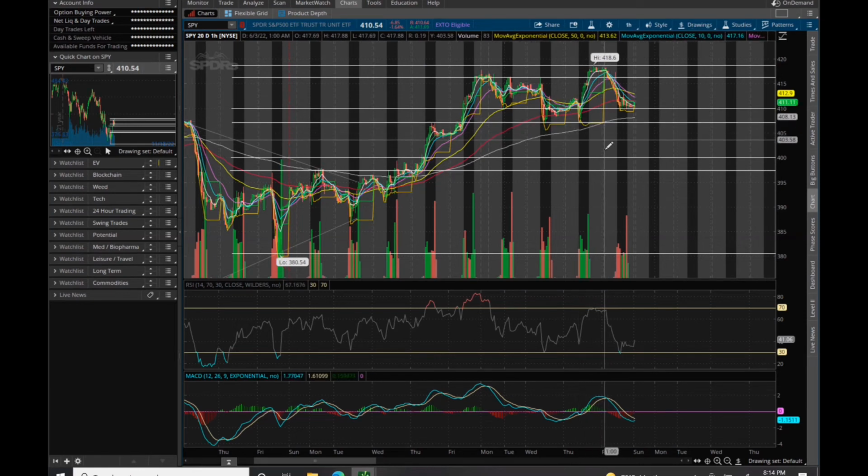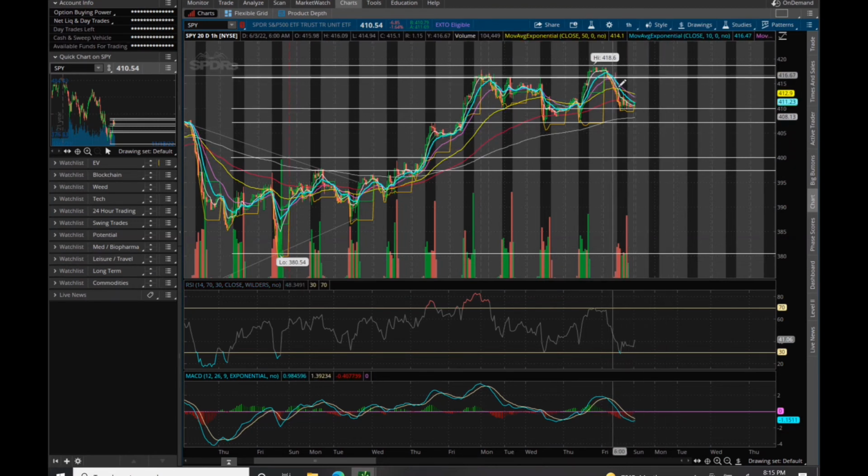Something to note that I should have mentioned earlier is that if we look at this level here at 407 where we created this double bottom, if we break below it, this was acting as support. When we break below it, this support line now becomes a resistance again, and we have a new trading range. So anytime you break below a support point and hold below it, that support point will now become a resistance.